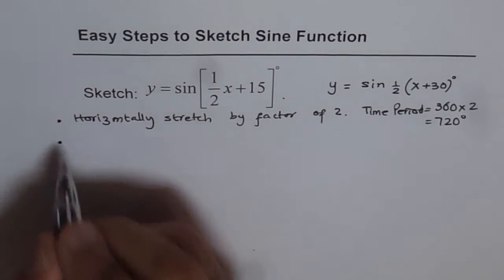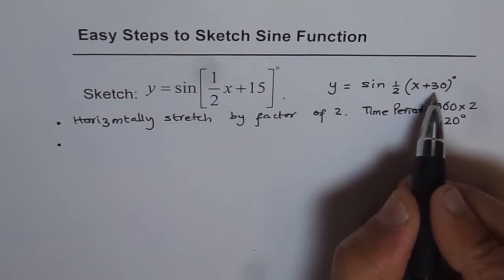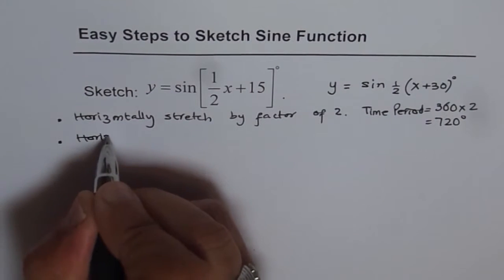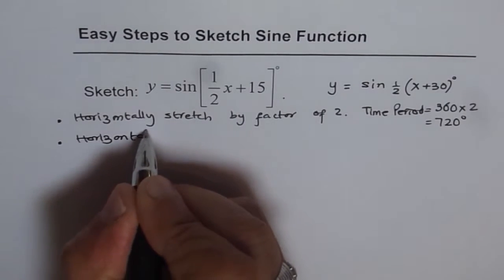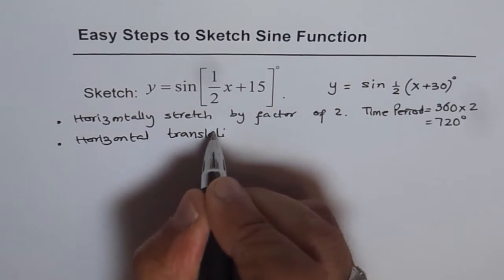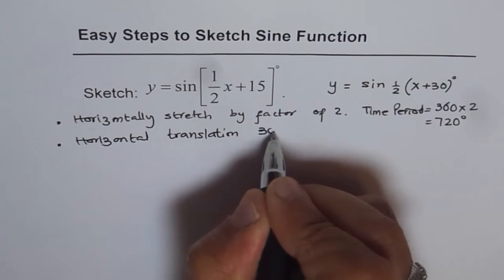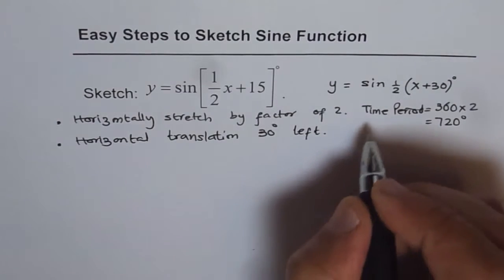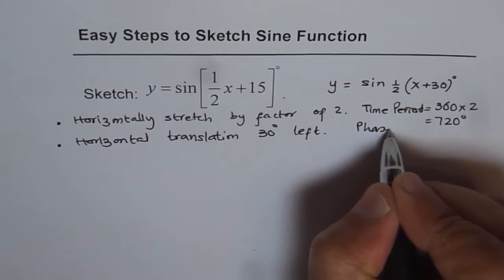And second one is there is a horizontal translation 30 units left. It's 30 degrees left. This basically is a phase shift, right?